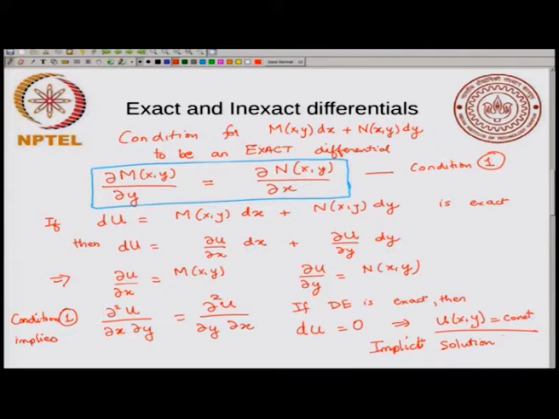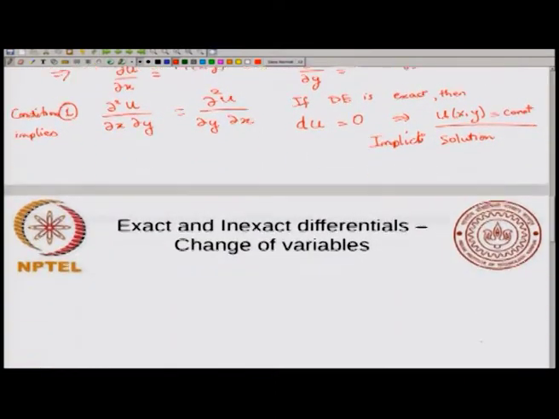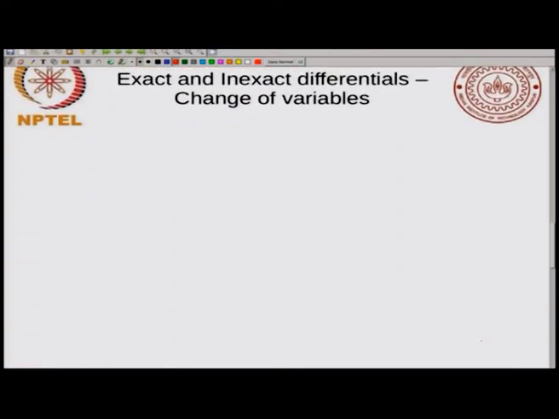So, you can solve the differential equation very easily if it is exact. Let us take an example. I will not discuss the change of variables yet. Let me just take an example of an exact differential.